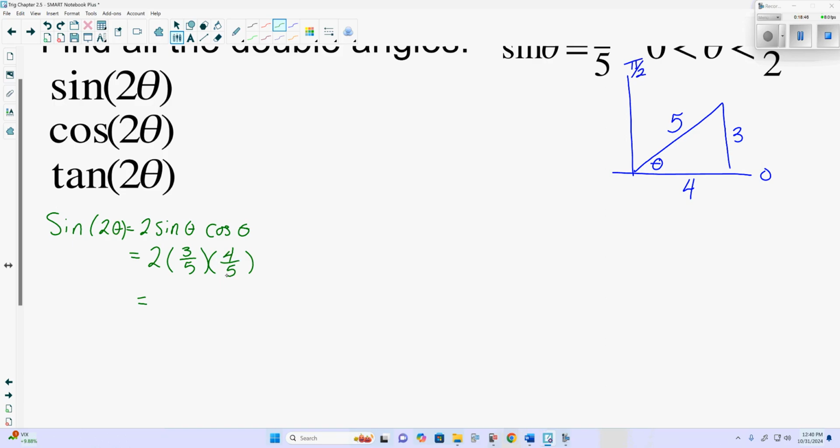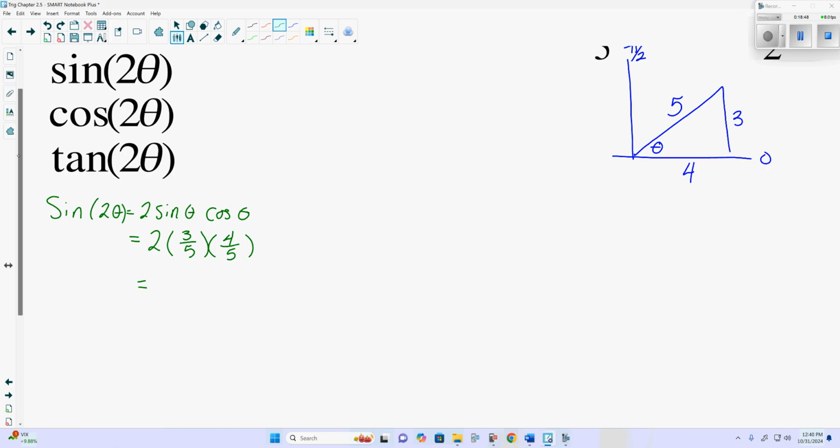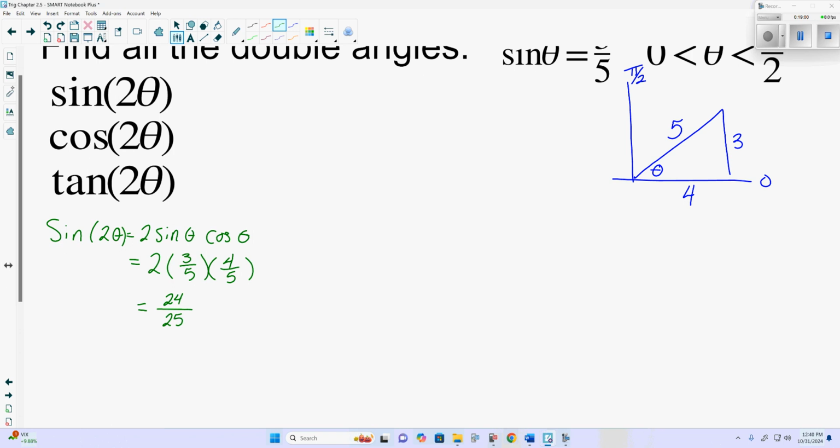Adjacent side is 4, hypotenuse is 5 based off that triangle. And again, just like before, we can plug this in, and we get that sine of 2 theta is 24/25. Questions on this here?